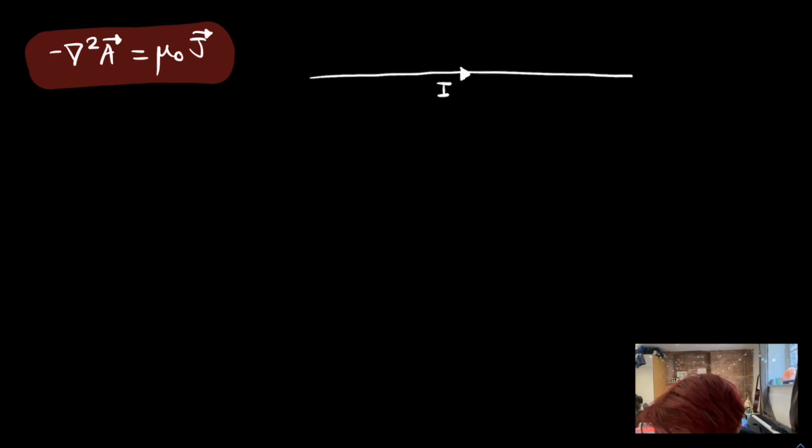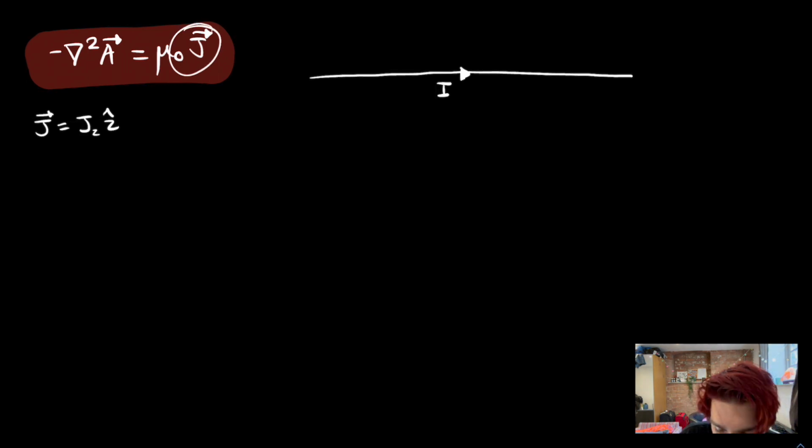Now in contrast to the electric case, we actually find that the terms on both hand sides of the equation are vectors rather than scalars. So we have to think about what components we are actually interested in. Now J is only going to have a Z component, and therefore if J only has a Z component, then that's telling us that the Laplacian of the magnetic vector potential also only has a Z component right here.